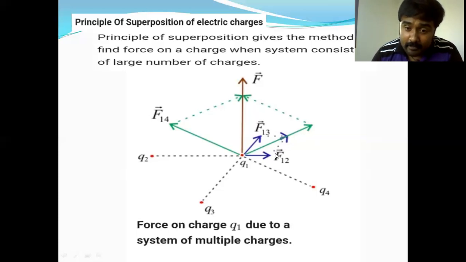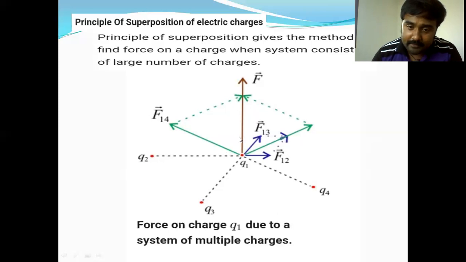Then the resultant of F12 vector, F13 vector and F14 vector is again along the diagonal of this parallelogram.